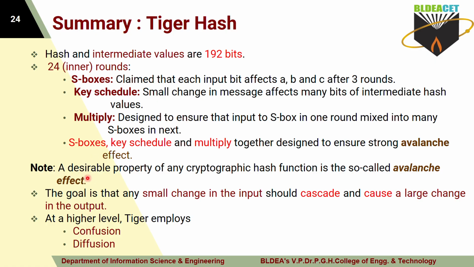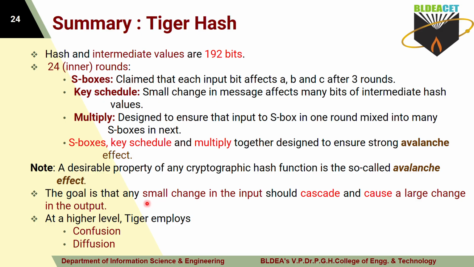Note that a desirable property of any cryptographic hash function is the avalanche effect. The goal is that any small change in the input should cascade and cause a large change in the output. Even if you add only a white space, a comma or any delimiter to the message, the hash you get is totally different.